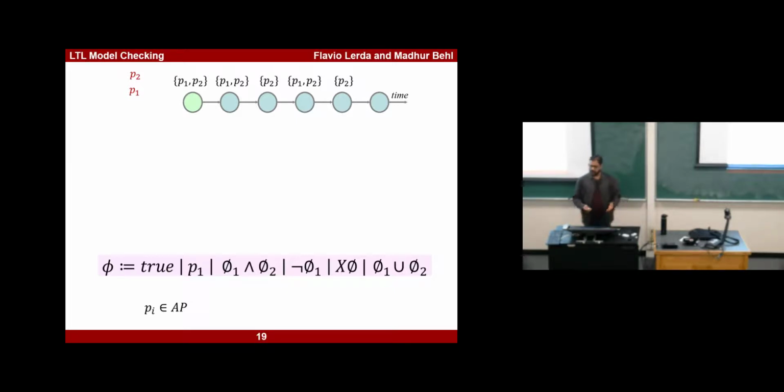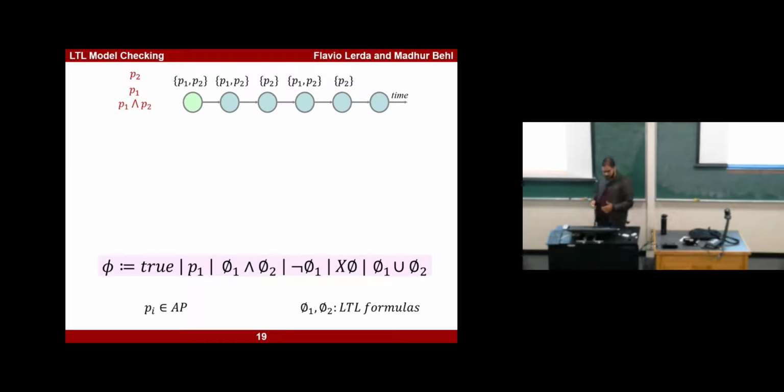The next one is also very simple. If you have LTL formulas phi1 and phi2, then phi1 and phi2 is also a valid LTL formula. Okay, very, very straightforward. So in that example up top, I can also say P1 and P2. Can you tell me if this trace satisfies P1 and P2? Indeed, it does. That's just an example, but the point is not whether this satisfies or not. The point is this is a valid LTL formula because it's allowed in the grammar. So far so good.